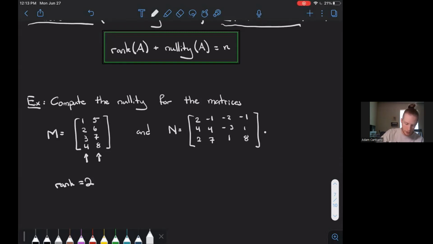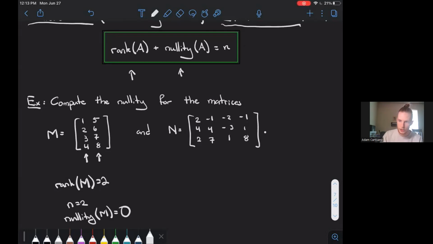Rank of M is equal to 2. But there are also two columns, so n equals 2. So the nullity is equal to 0 because 2 plus 0 equals 2.